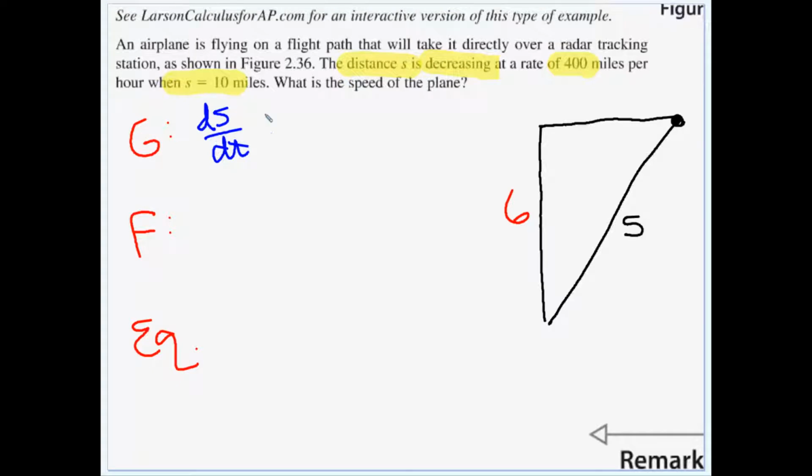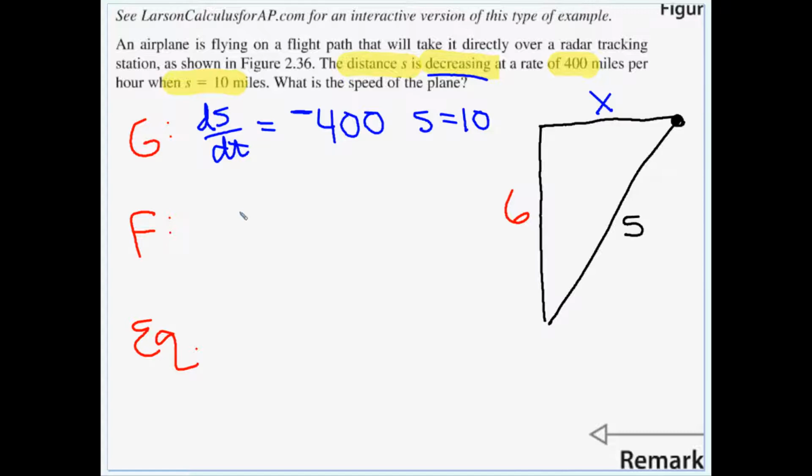The side S is changing with respect to time, and it says it's decreasing at 400 miles per hour, so we know it's 400, but it's also got to be negative because it's decreasing. And it says this is going on when S equals 10. And let's just call this side X, the missing side of the triangle.